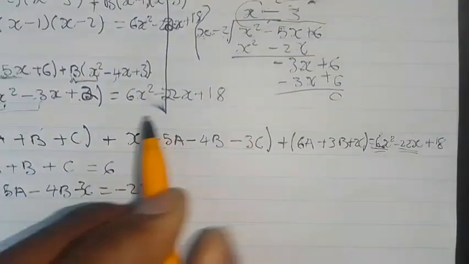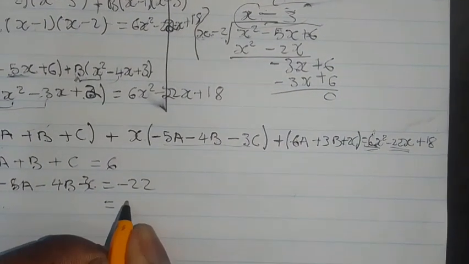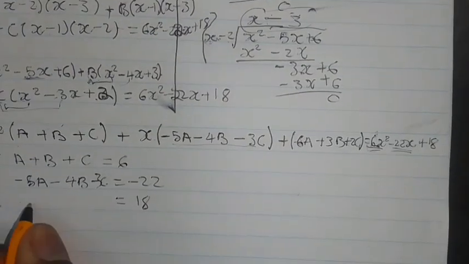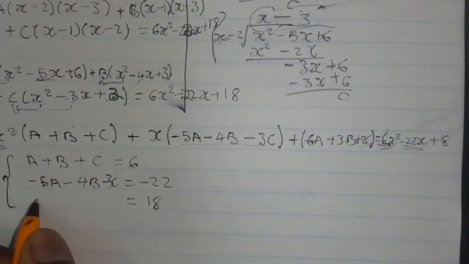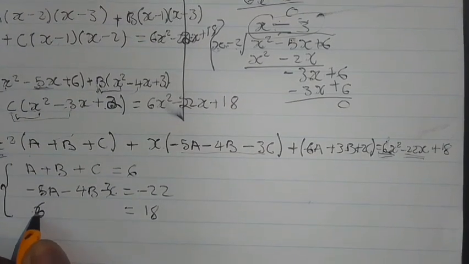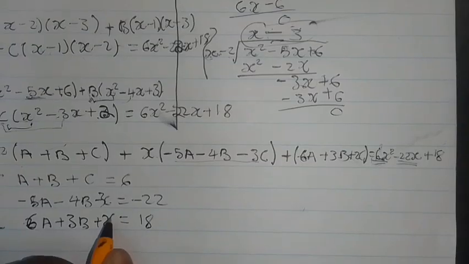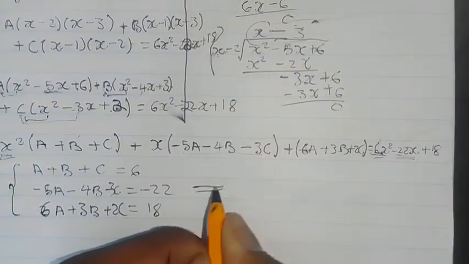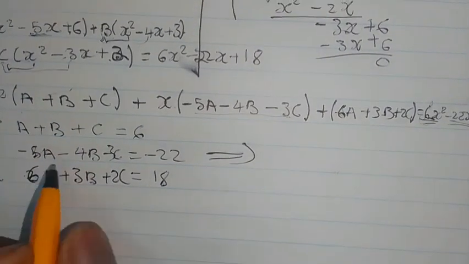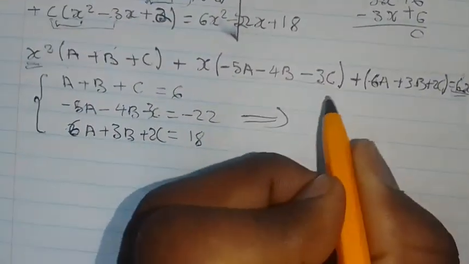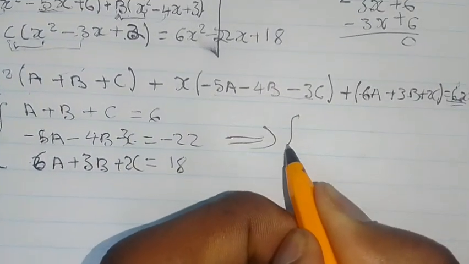And then here we realize that we have a constant, and the constant on the right side is going to be 18. And on the left side, that will be equivalent to 6a plus 3b plus 2c. So we have 6a plus 3b plus 2c equals 18.